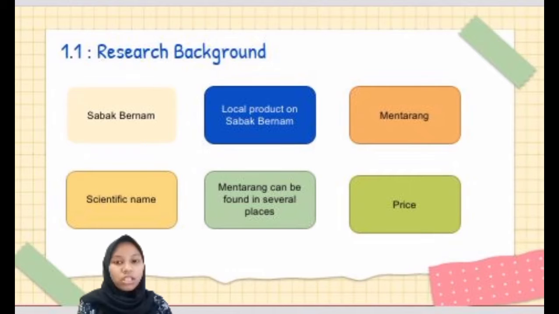Mentarang can be found in several places, which are Kedah, Selangor, Perlis and Sabak Bernam. The price of mentarang is currently 15 ringgit per kilogram.